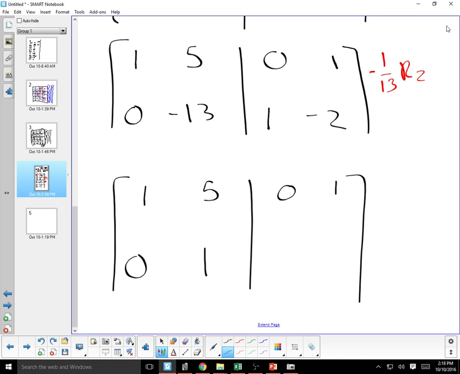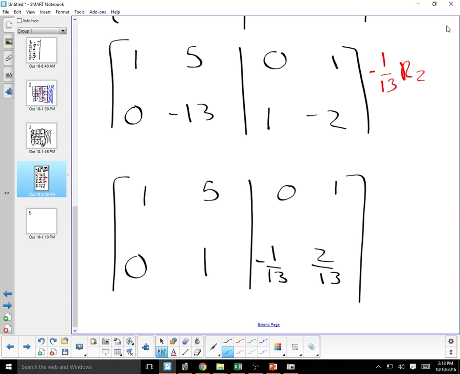Negative 1 times negative 1/13 is going to give me negative 1/13. And then negative 2 times a negative 1/13 will give me a positive 2/13.